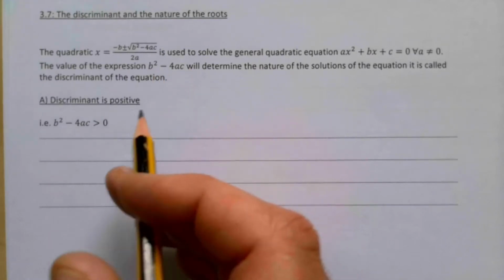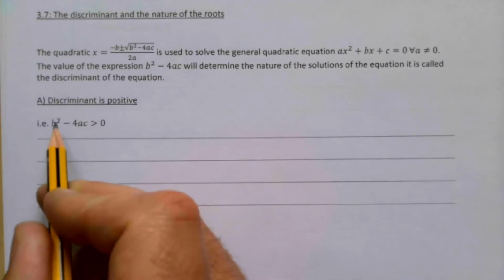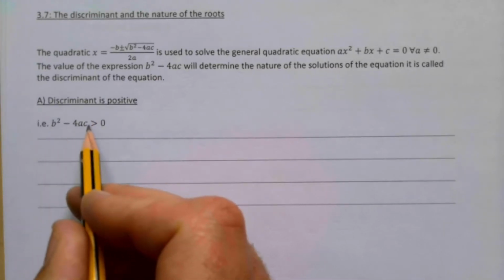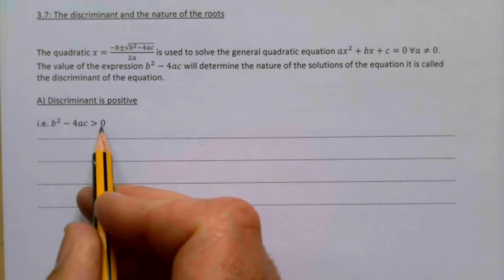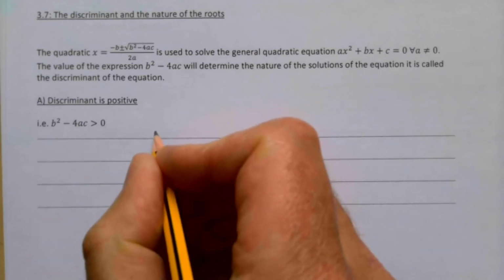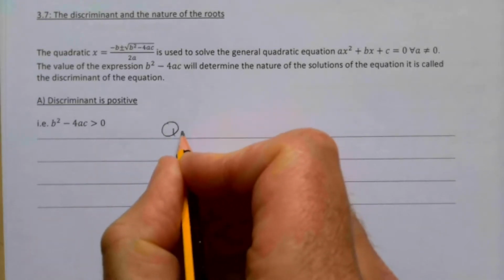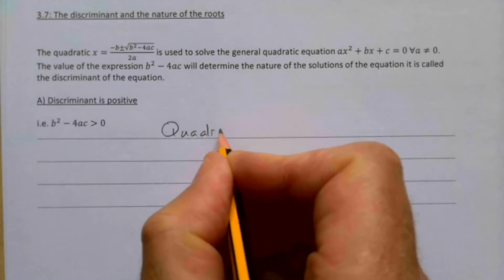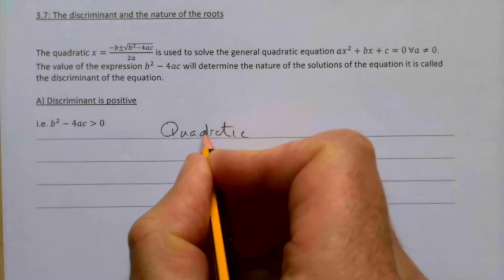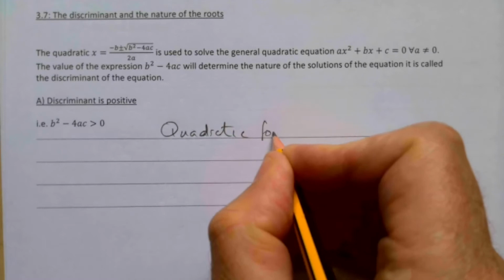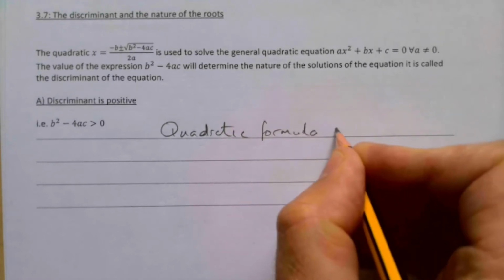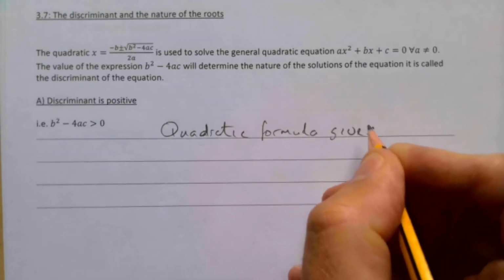Alright, so if the discriminant is positive, then b squared minus 4ac is greater than 0. That means the same then is positive, and that means the quadratic formula gives the two solutions.